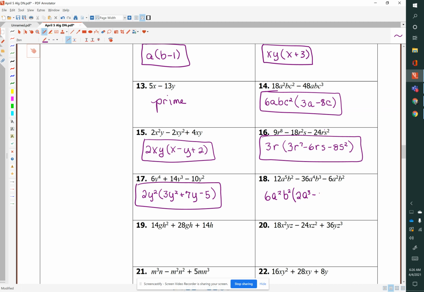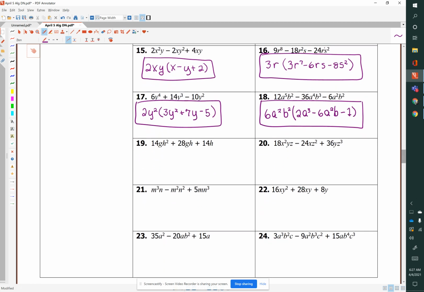Minus 36 divided by 6 is 6. That leaves a squared and 1b, just b to the 1st power, minus, and we factored out the entire term, 6a squared b squared, so we'll put a 1 there. And that's number 18.